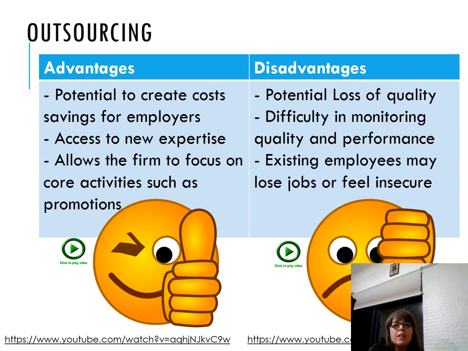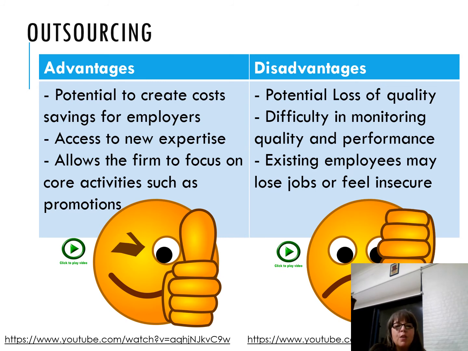Okay, advantages of outsourcing. There's the potential to create cost savings for employers, as I just pointed out on the last slide about different wage rates in different countries. There's the idea that they can access new expertise, so they will have access to people that have a different skill set than they might necessarily have been able to find within their own business.